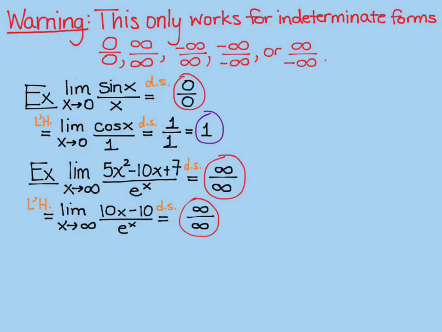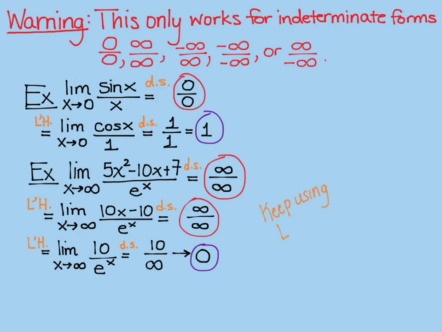Notice that we still get infinity over infinity. So we can use L'Hopital's rule again. We have the limit as x goes to infinity of 10 over e to the x. This time we get 10 over infinity, which we saw in a previous video goes to 0. So it's okay to use L'Hopital's rule multiple times as long as you keep getting indeterminate forms from the list above.